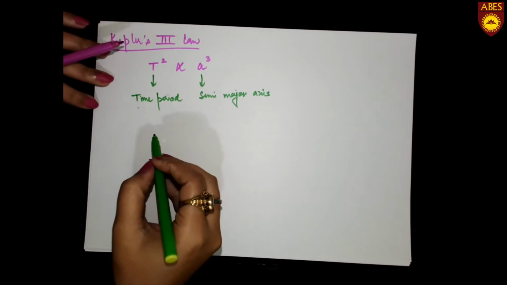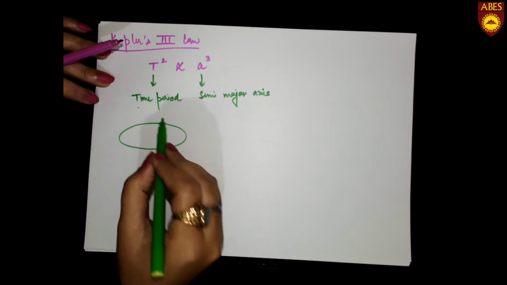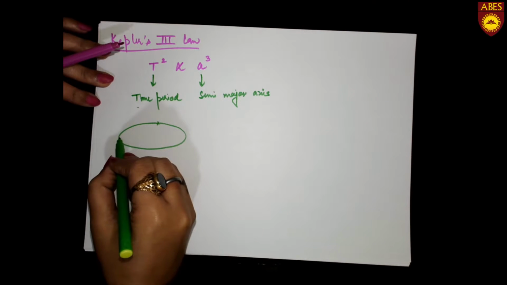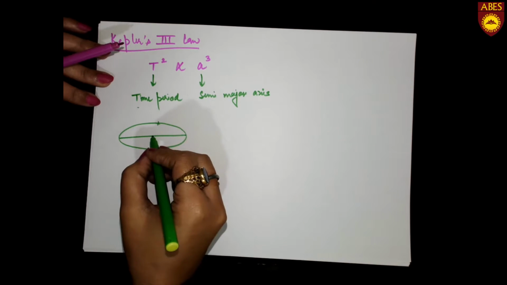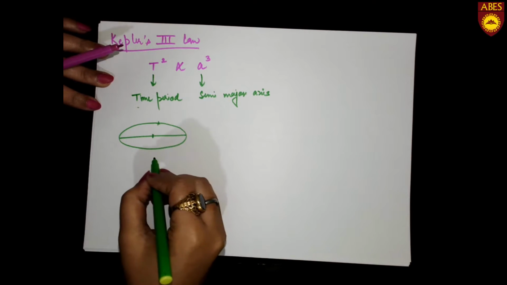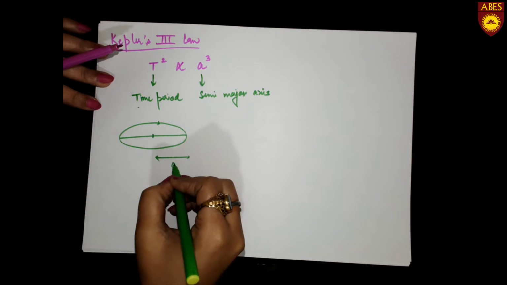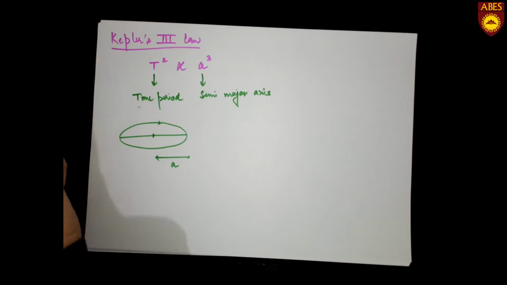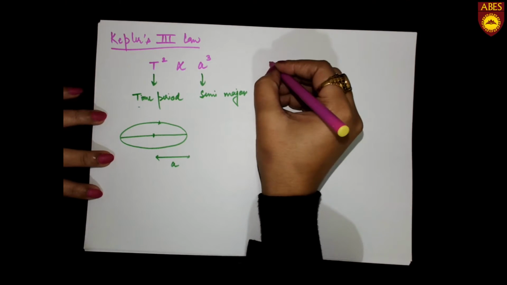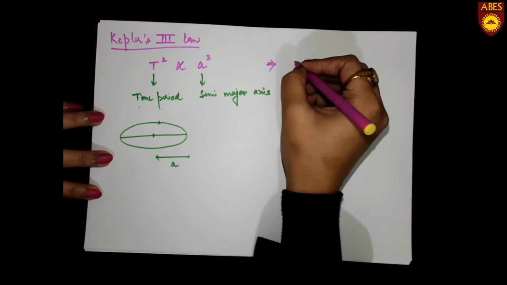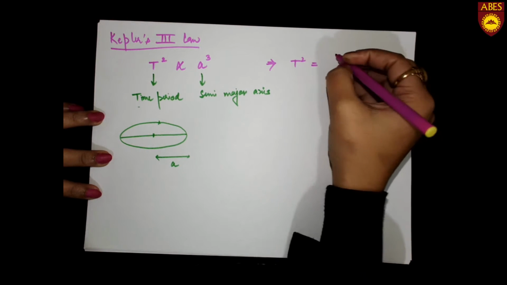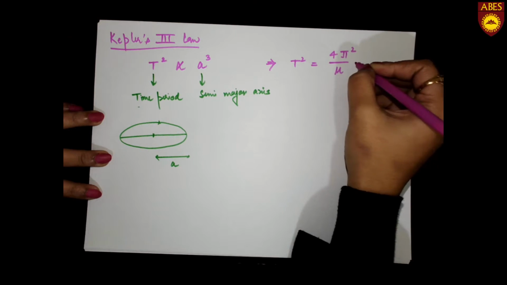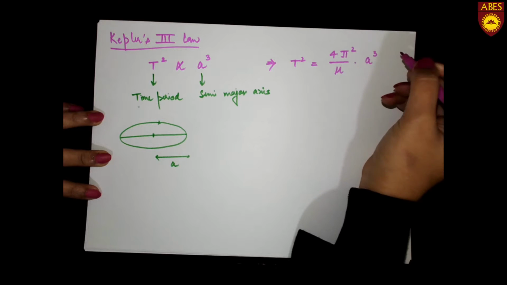Time period is the time taken by the satellite to complete one whole revolution, and the semi-major axis is, if we join apogee and perigee, and divide it into half from the center, this is the semi-major axis denoted by A. So T square is directly proportional to A cube, and if we take the proportionality constant, it comes out to be T square equals 4 pi square upon mu into A cube.